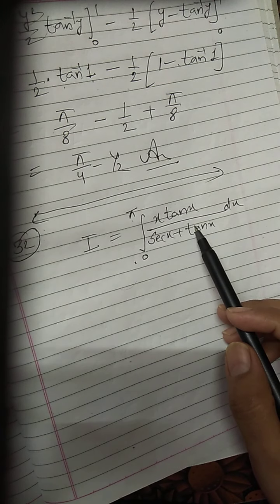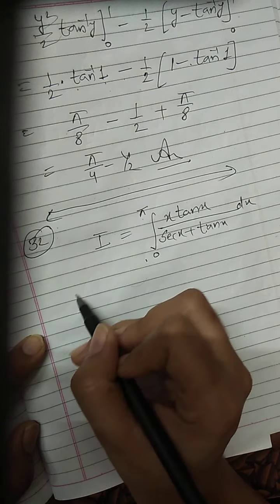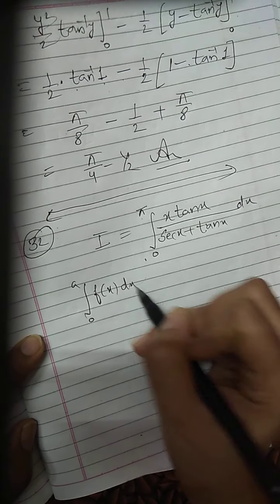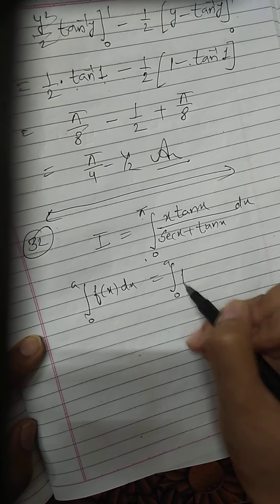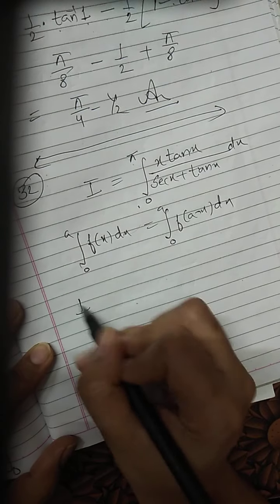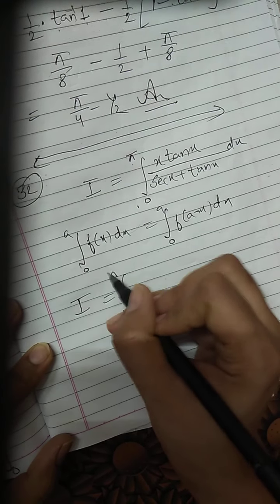So we can apply that property, as the functions will not change, only signs will change. So I am mentioning the property here, 0 to a f x dx is 0 to a f of a minus x dx. So this property we will apply, it will be 0 to pi.